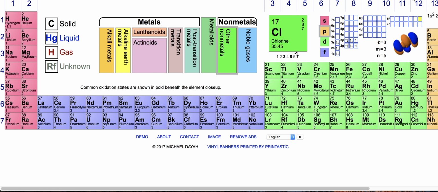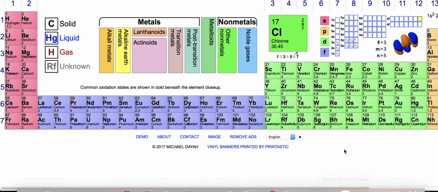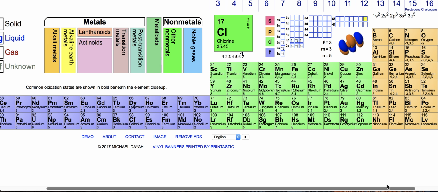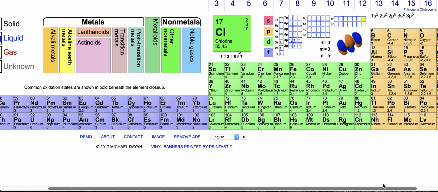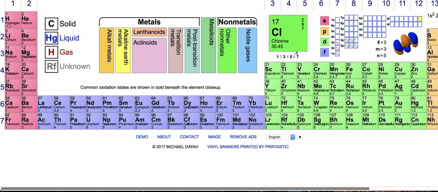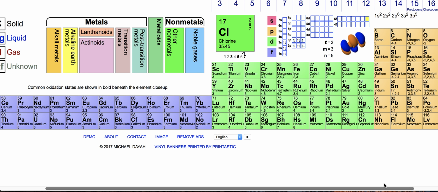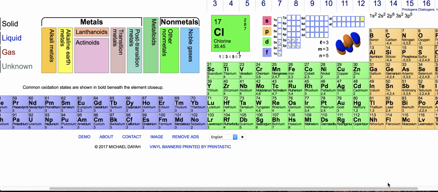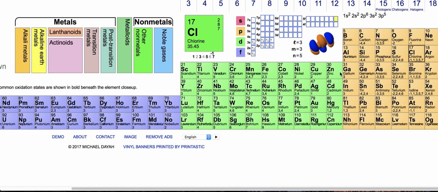Well, I can do that. So it scoots over. I wish I could unzoom the screen. I do know how, I'm just not seeing it. So all those elements right there are the D block.